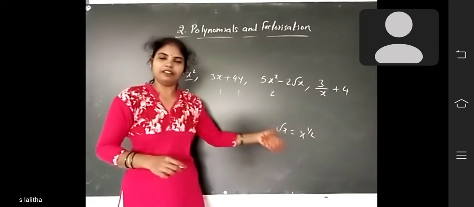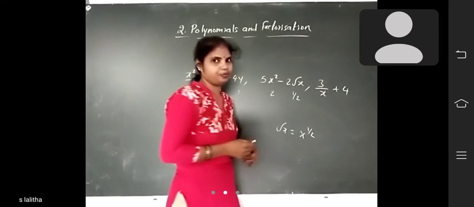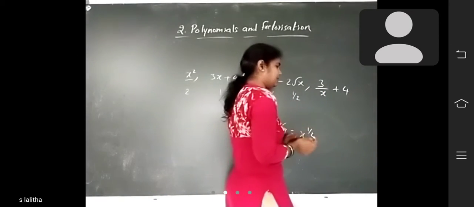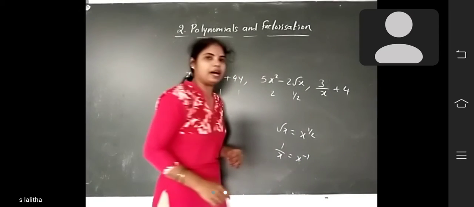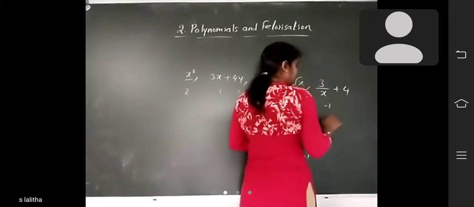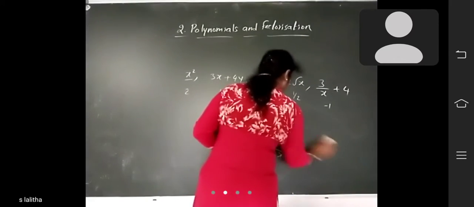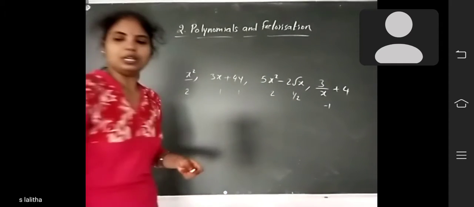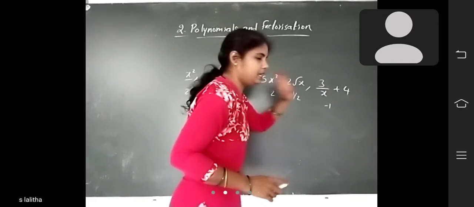Already we learned in the first chapter. Okay, children? So what is the power here? 1 by 2. Next, 3 by x. So 1 by x, how can you write it? x power minus 1. So what is the power here? Minus 1. Okay, children? So in these algebraic expressions, the powers are 2, 1, 1, 2, 1 by 2, minus 1.